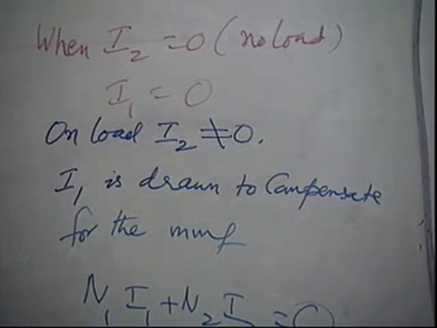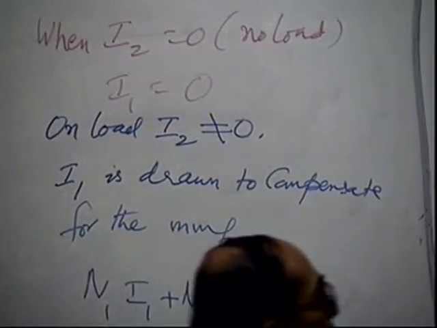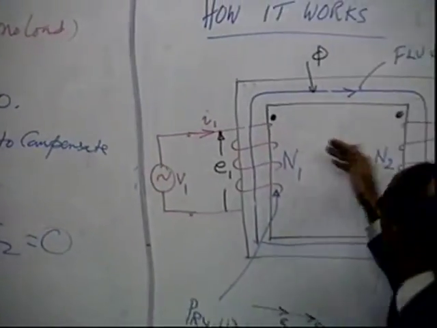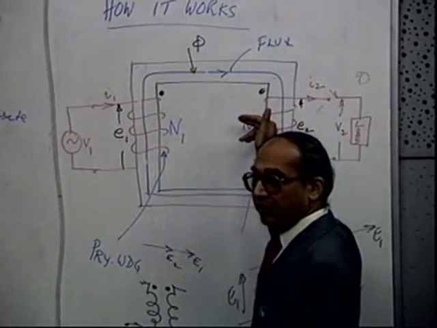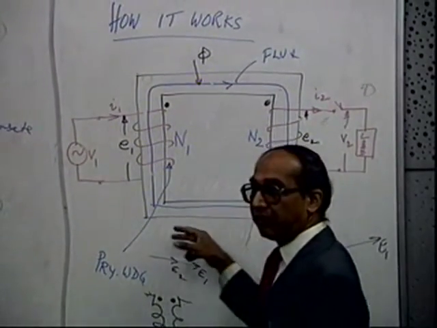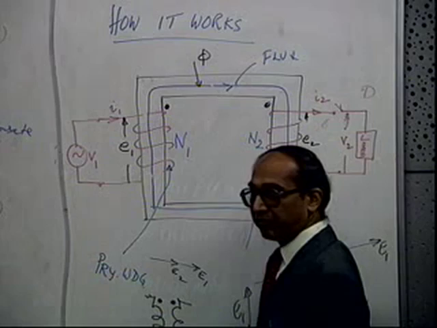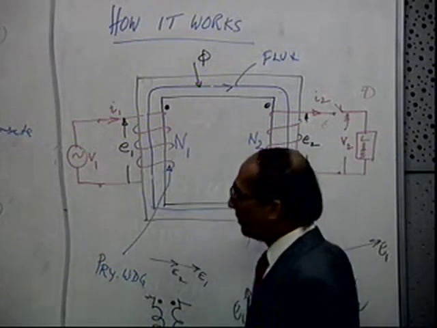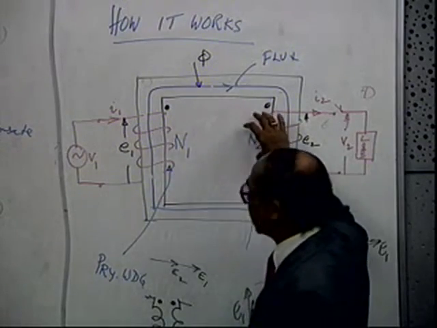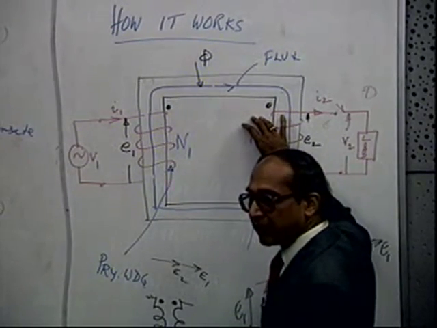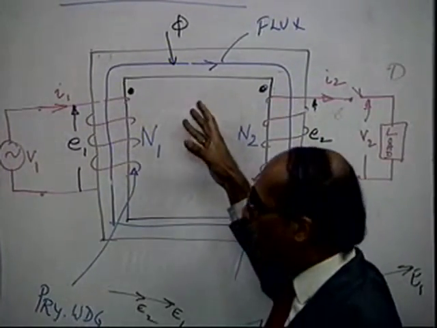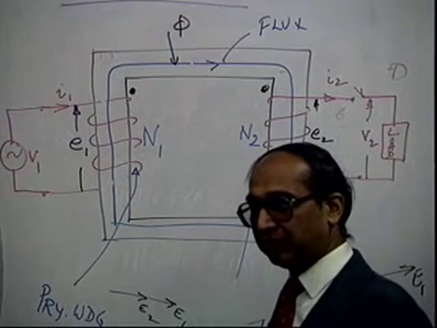That is the total MMF on the core. Whenever this is carrying a current I1 and this is carrying a current I2, the total MMF will be this MMF plus this MMF, isn't it? If you take H dot dl, it will be the current enclosed together. N1 I1 plus N2 I2 is the total MMF acting on the core, which will produce the flux. Now that is supposed to be negligible or 0.